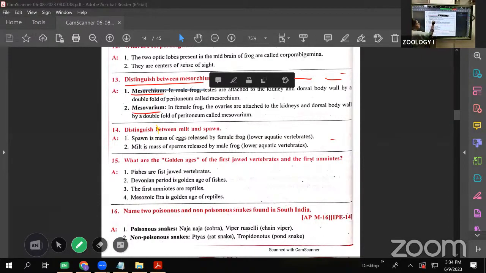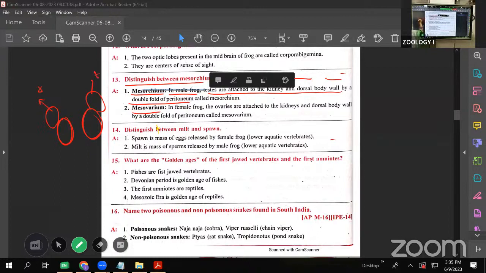Mesorchium means, in the male frog, the testes are attached to the kidneys and the dorsal body wall by double folded peritoneum. For example, the frog has testes above the kidney. These testes are attached to the body wall and to the kidneys. This one is a testis and this one is a testis.